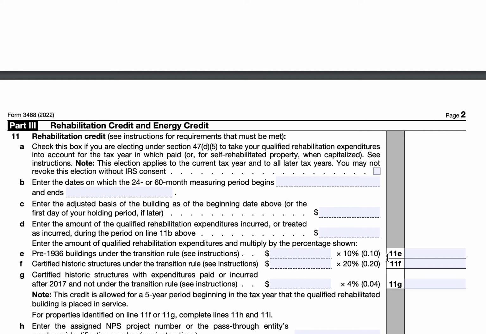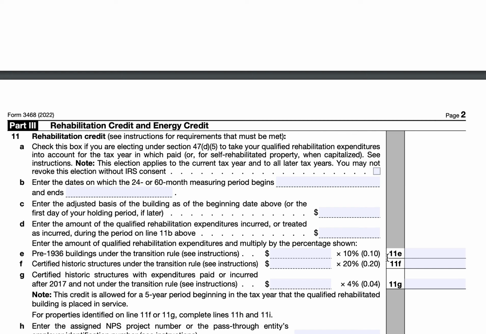They cannot include the costs of acquisition or enlarging any building. The rehabilitation must be certified by the Secretary of the Interior as being consistent with historic character of the property. And then the expenditures cannot include any costs allocable to the part of the property that is tax exempt.